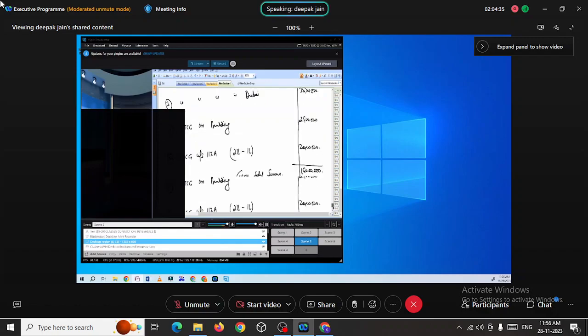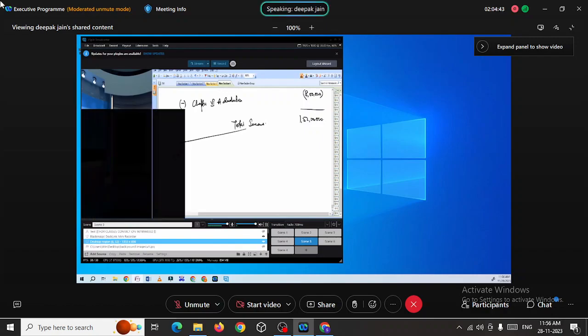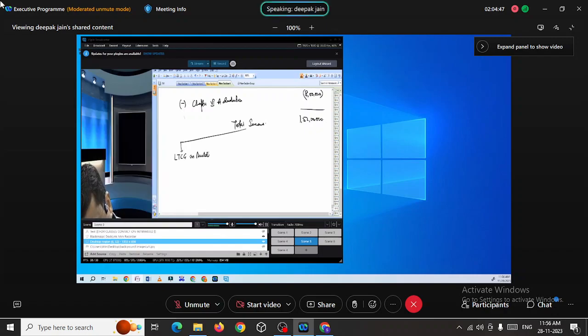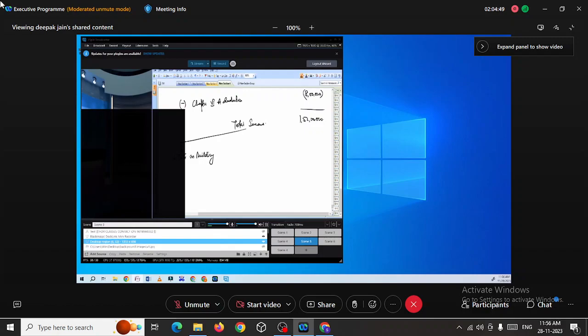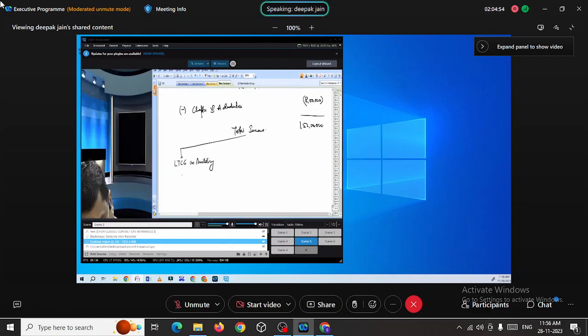So now how to compute tax? First, you have to check whether any special rate income is there or not. Yes, LTCG on building. How much is the LTCG? 25 lakh. What is the rate of taxation? 20%. Any other special income?